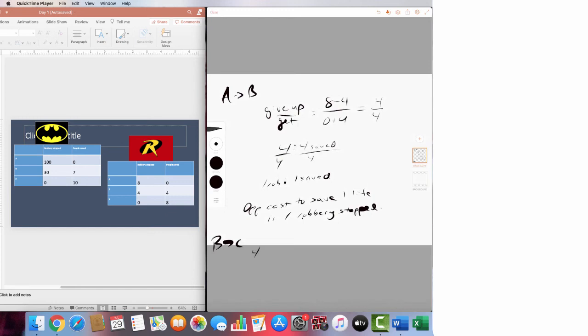It'll be 4 robberies stopped to 4 lives saved. That becomes a 1-to-1 ratio, and once again, the opportunity cost to save 1 life is 1 robbery stopped. Okay, so we've just figured out the marginal opportunity costs for our 2 heroes.